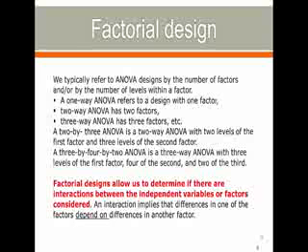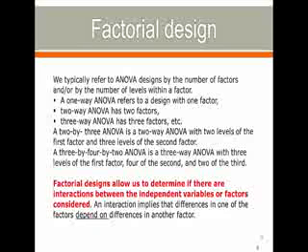Suppose we have price, advertising, and location of the store. Therefore, for example, a 2 by 3 ANOVA is a two-way ANOVA where the first factor has 2 levels and the second has 3 levels. A 3 by 4 by 2 has a first factor with 3 levels, the next one has 4 levels, and the third factor has 2 levels.